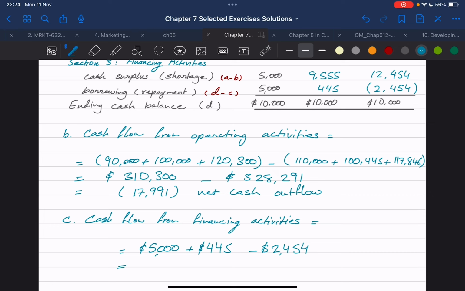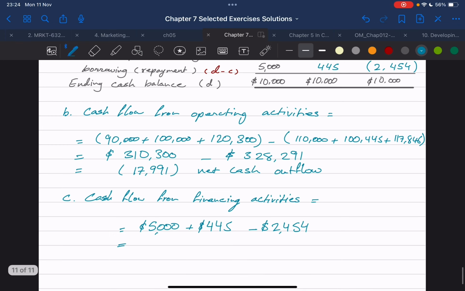Run the numbers on the calculator. 5,000 plus 445 minus 2,454. And that's going to be $2,991 net cash inflow.